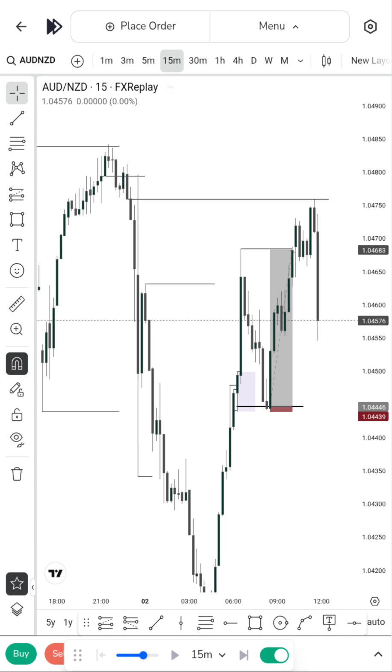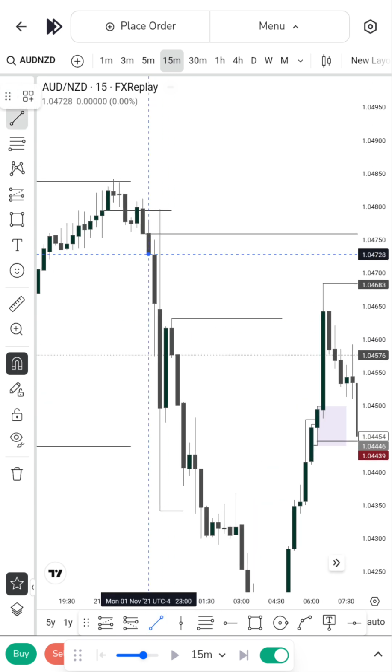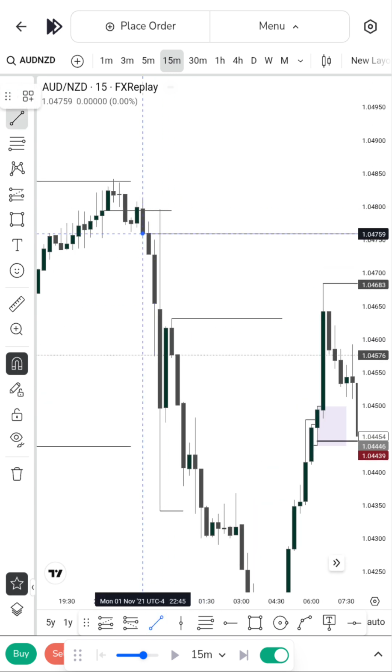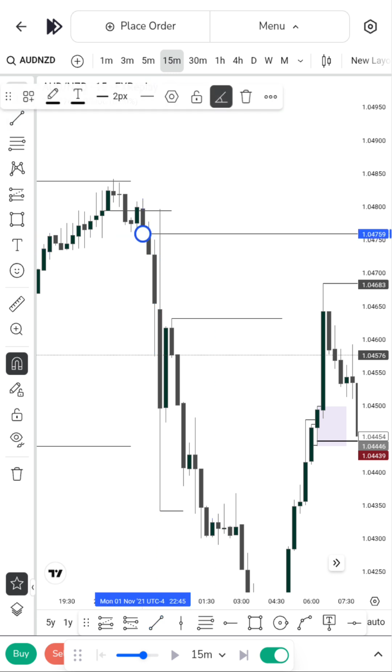You can see there is a fair value gap. Only one fair value gap has been made here, the candle that creates the fair value gap right here, right?